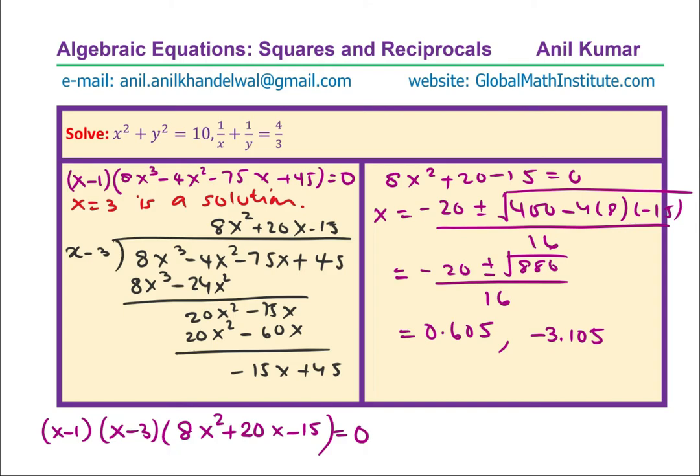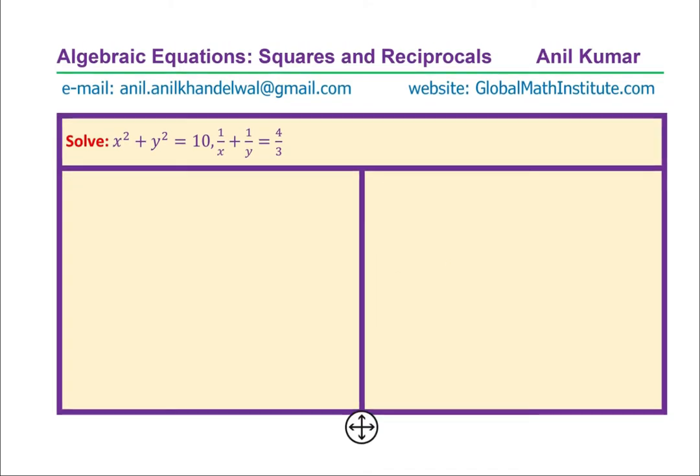So the solution sets for this will be what? Let me rewrite. So we got the x value equals 1, x value equals 3, x value equals 0.605 and x value equals minus 3.105 approximately, right?